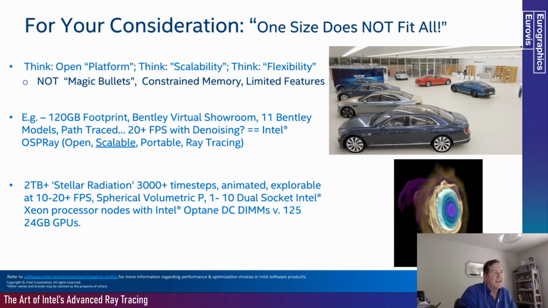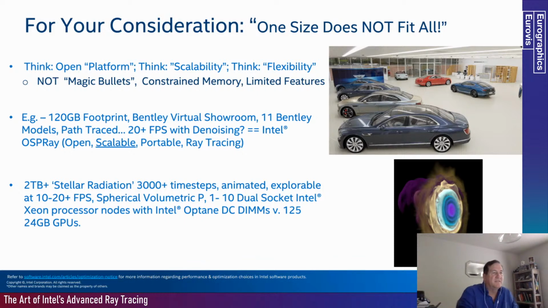Think about scalability. Sometimes you need extremely high quality rendering, like on the Bentleys on the right. Yes, that is not a photograph. And then the flexibility to do everything from basic simple rendering like a Cornell box all the way up to things like, in the lower right, the stellar radiation. We'll talk a little bit more about that later.